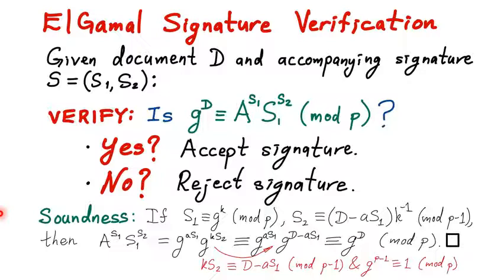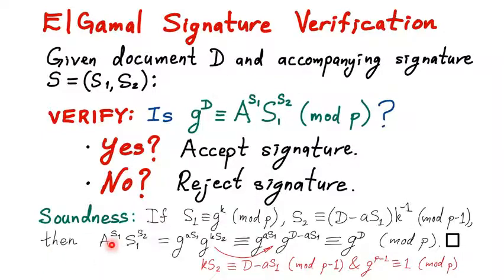Why is this verification process sound? Let's check that when S1 and S2 both actually come from the correct procedure used to generate them by the signer, then this test will pass. Let's start on the right-hand side.